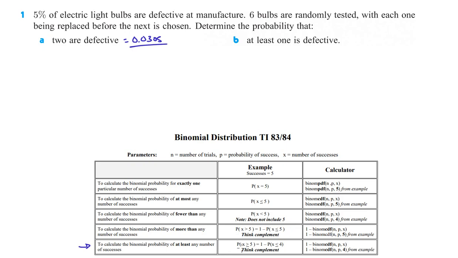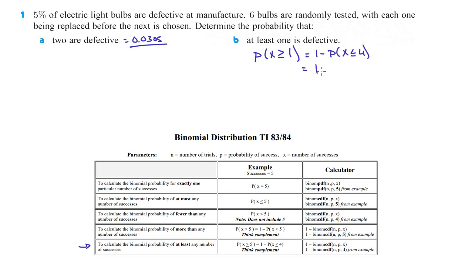Okay, so on this one here, we're looking at the probability that X is greater than or equal to 1, right? At least 1 is defective. Okay, so what this is saying here, that's going to equal 1 minus the probability of less than or equal to 4 being defective.